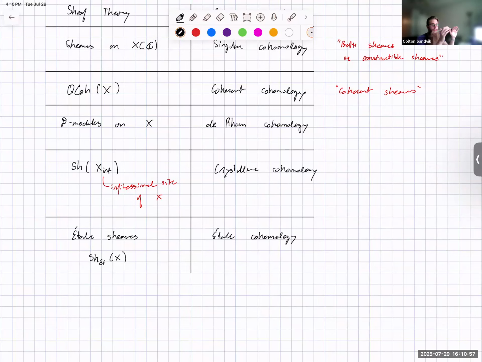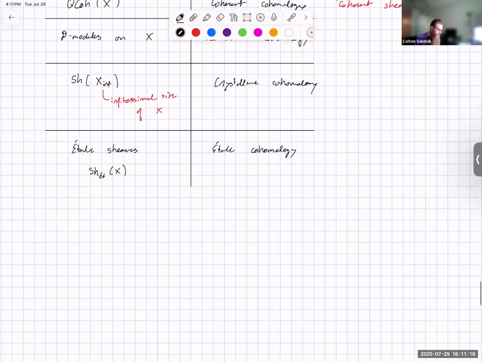The open sets are too big and it just doesn't work well. So the idea with étale sheaves, for instance, is that it's a way of recovering properties of singular cohomology for varieties and schemes defined over things that aren't the complex numbers. It gives you a lot of similar properties. This is a gross oversimplification, but anyway.